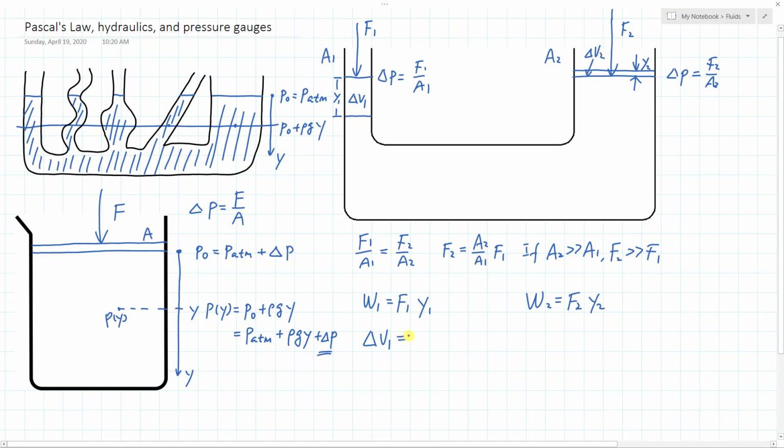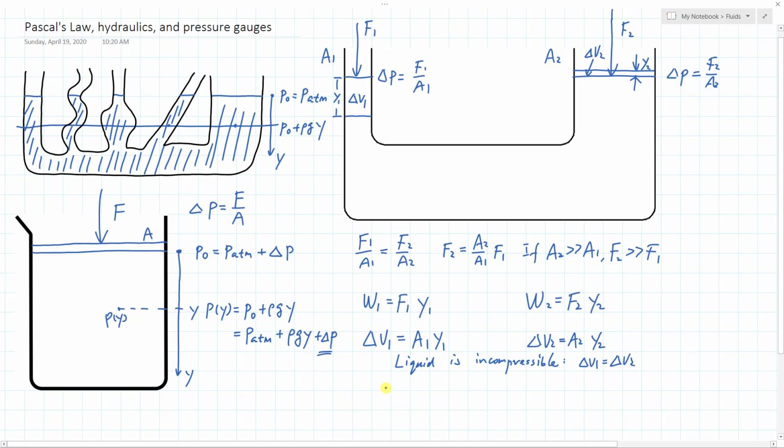So delta V1 is equal to A1, the cross-sectional area, times Y1, the height, and delta V2 is A2 times Y2, because of the incompressible liquid assumption. In practice, this may not be exact, but it should be pretty close. So incompressible, so we have delta V1 equals delta V2.